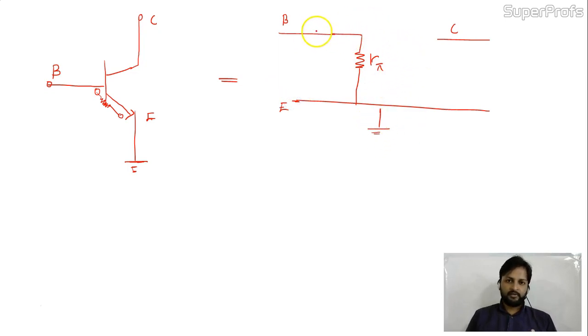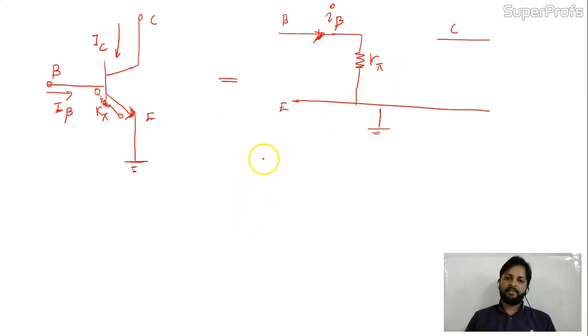If the current in the base is IB, this IB current is going into the emitter. So IB will be an incoming current into the BJT and IC also will be an incoming current. You can see IB flows from base to emitter. Now you replace the base to emitter portion with r pi. Is it okay?